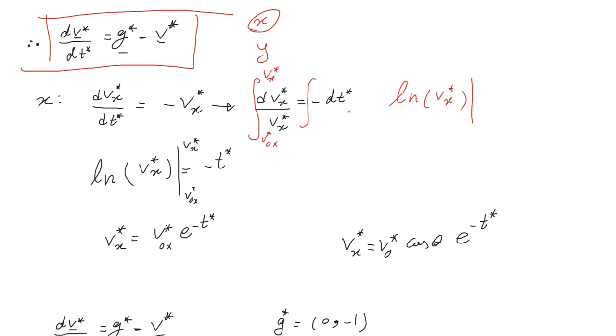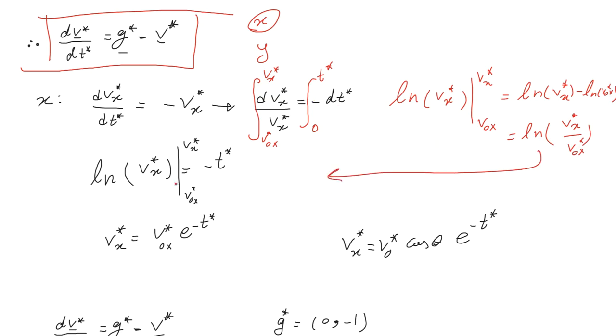And for here, you have from 0 all the way to t star. I'm sure you know the rule for this natural logarithm, so I just quickly go to the end, and then you'll have this vx star over v0x star, right? And the other side is pretty simple. So the result is written here.